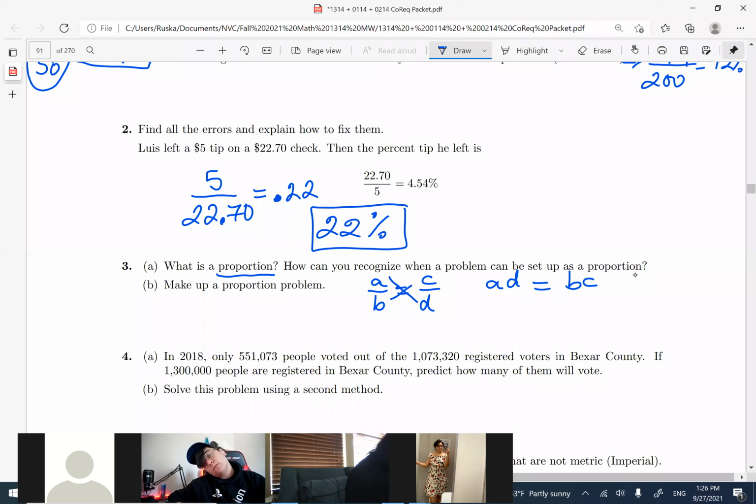Now, can you make up a proportion problem? When can a problem be solved with a proportion? Give an example of something you can solve with a proportion.